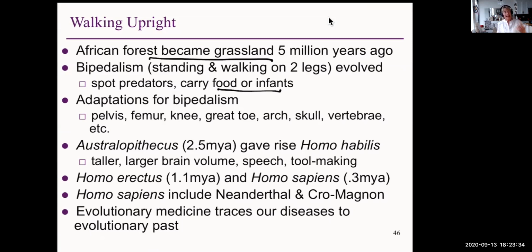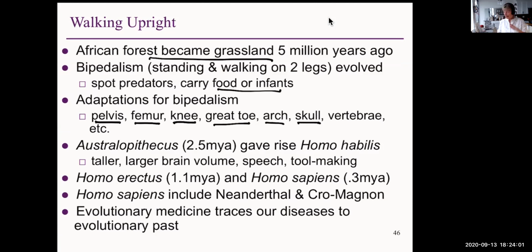And we can see the adaptations for bipedalism in our own bodies, such as our pelvis is tilted forward, our femur is large and mobile, our knee allows a hinge joint for walking, our great toe and arch give us balance, our skull has a hole in the bottom for our spinal cord.